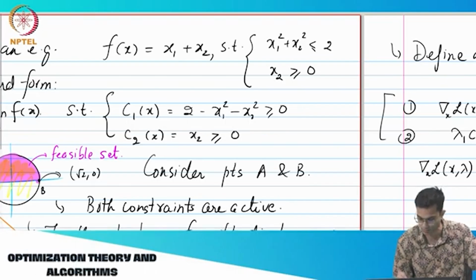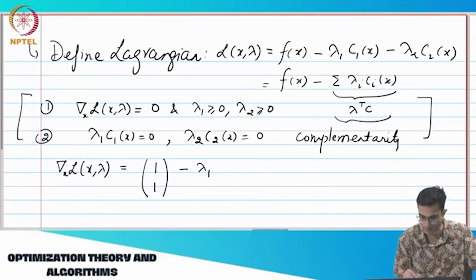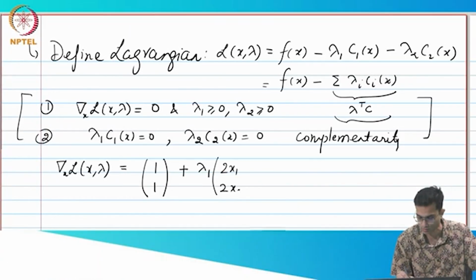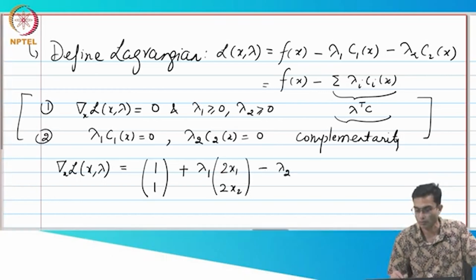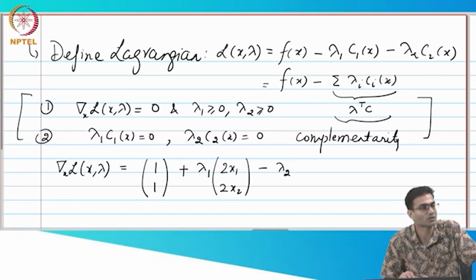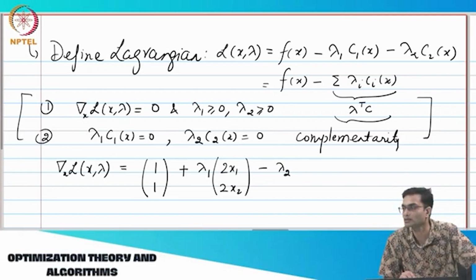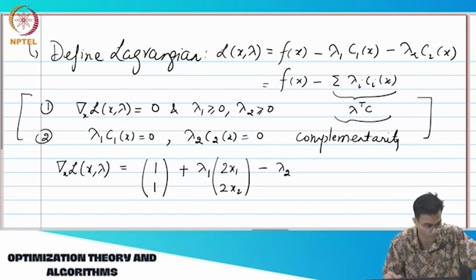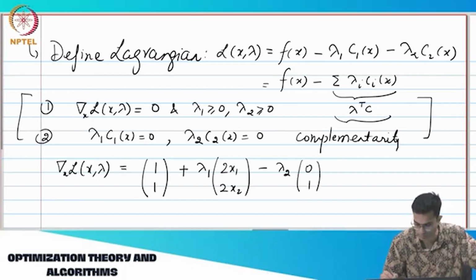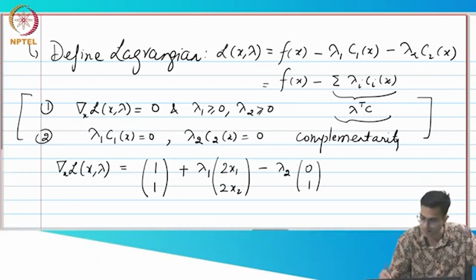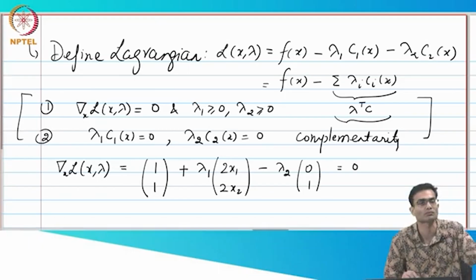That minus will make this plus, and I have 2x1, 2x2. Then I have minus lambda 2 times grad C2. What is C2? It is x2, so its gradient is (0, 1). The minus sign stays there.